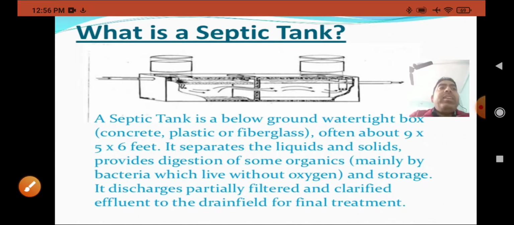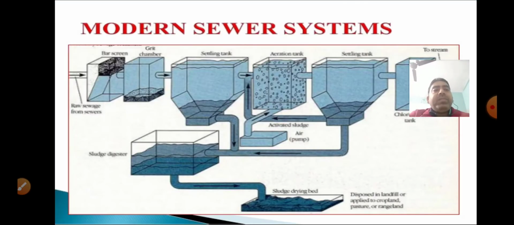These tanks are buried under the ground at homes and buildings. Sewage flows into the septic tank through the pipes which connect the tank to the building. Solids in the sewage sink to the bottom of the tank, and the liquid then flows out into a street drainage. This is the modern sewer system.